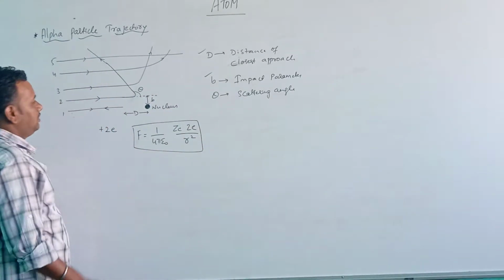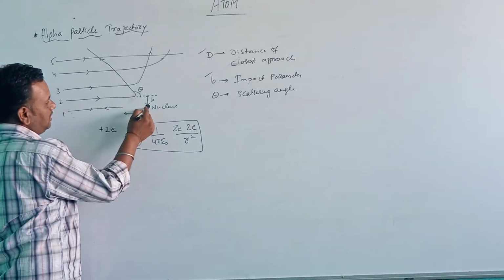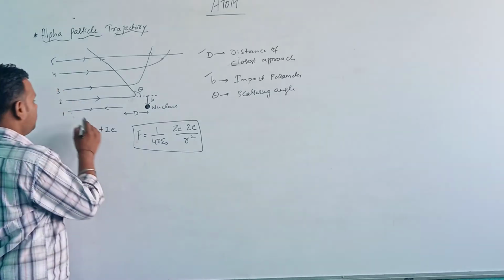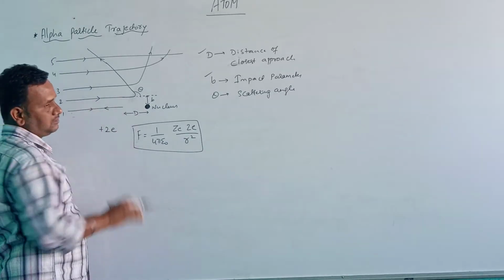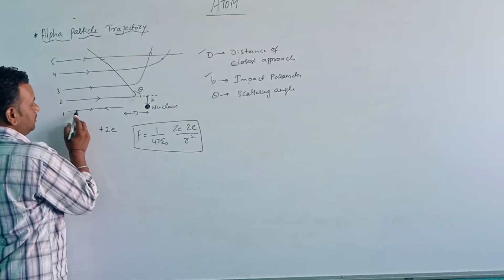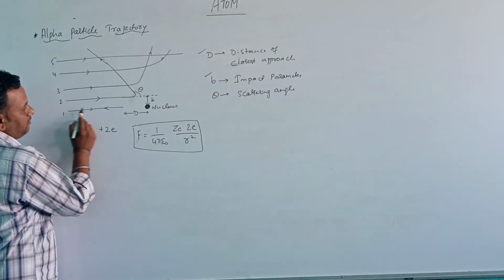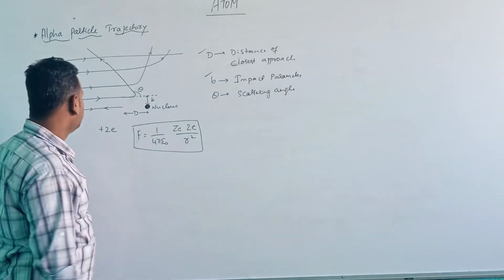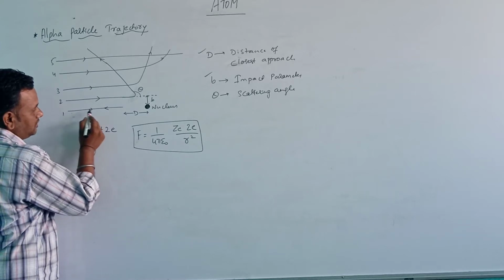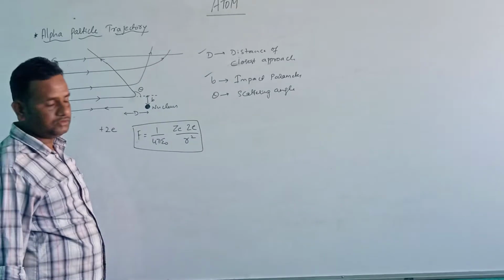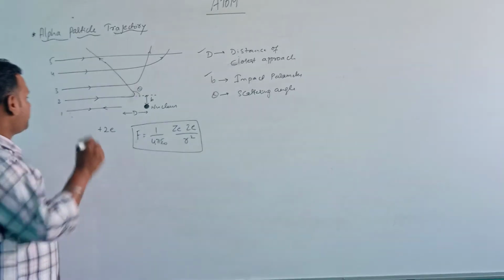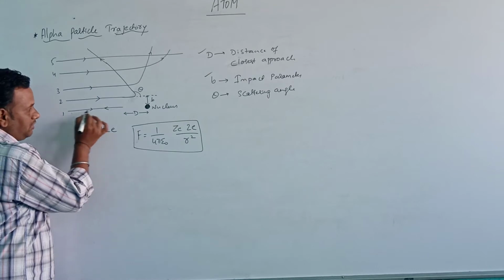We are considering a helium nucleus, which has a charge of 2e. These are the alpha particles coming from the radioactive element. Let us consider the first alpha particle, which is traveling along the straight line.